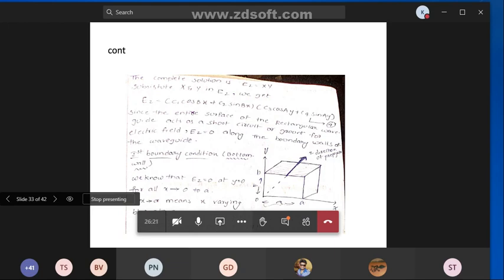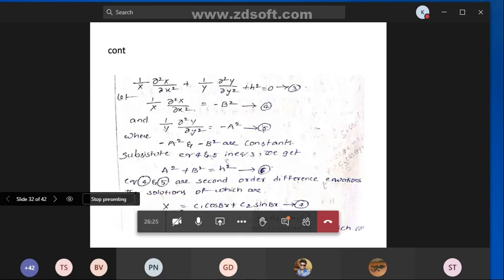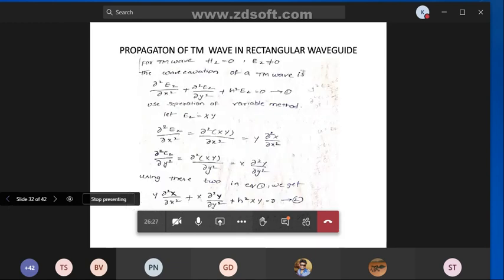The complete solution is Ez equal to XY. Here Ez equal to XY, right? So substitute this X and Y in this equation.